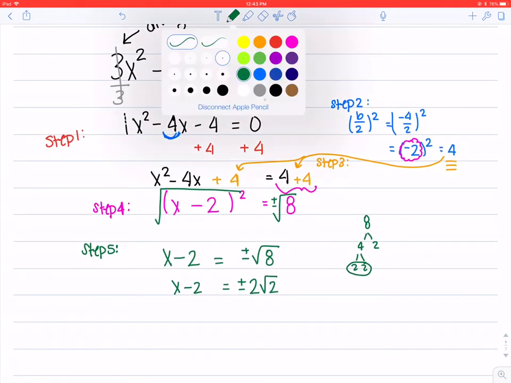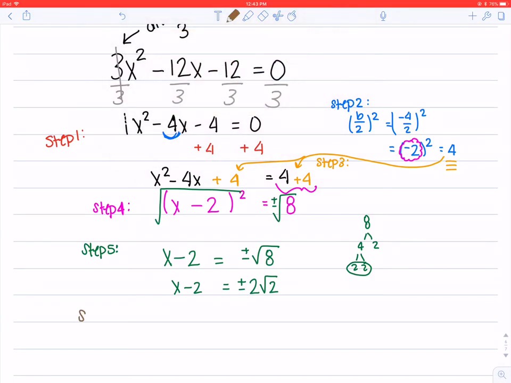And now lastly, step 6 says to solve for x, so to get x by itself I'm going to add 2 to both sides, and I'll have x equals 2 plus or minus 2 square root 2.